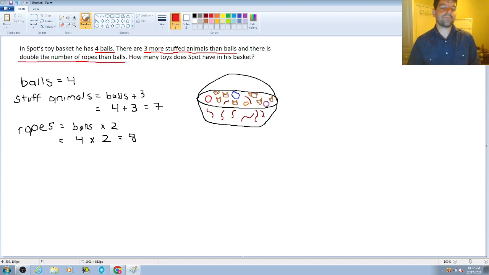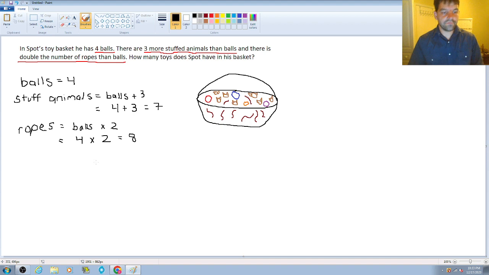Okay, so now that we have read the 2 sentences, it says, how many toys does Spot have in his basket? So this is asking us for the total. So what we can do here is just take the sum of the 3 different toys and we'll have our final answer.